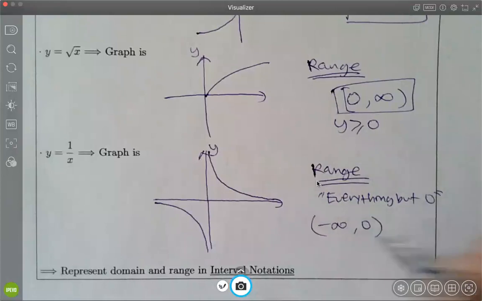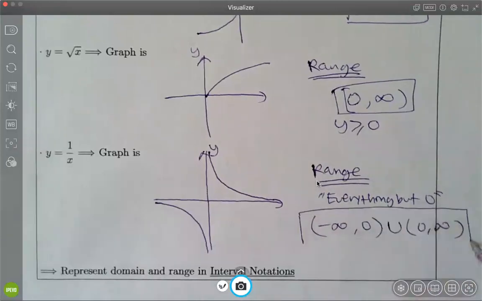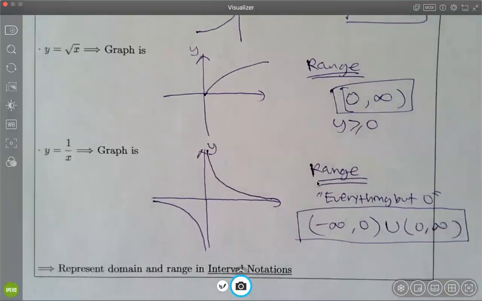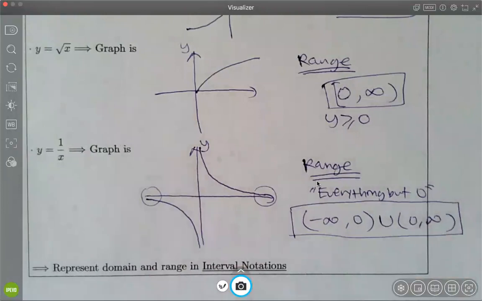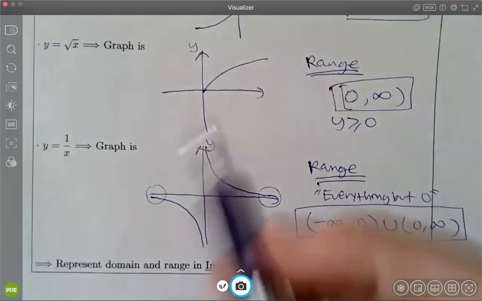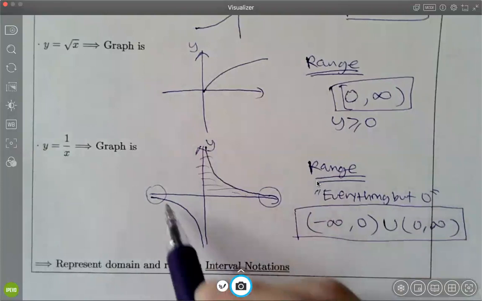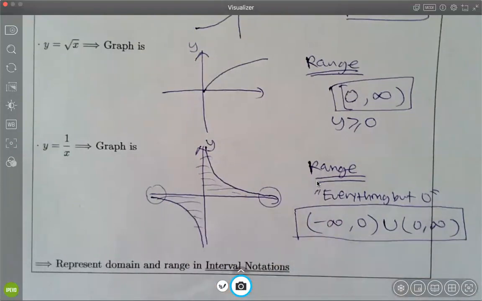All parentheses. And then union 0 to infinity, also parentheses. So now, it looks from the graph that these two portions touch the x-axis, but in effect they do not touch. That's why the range is everything but 0, because that's the positive y and that's the negative y, but 0 is not part of the graph.